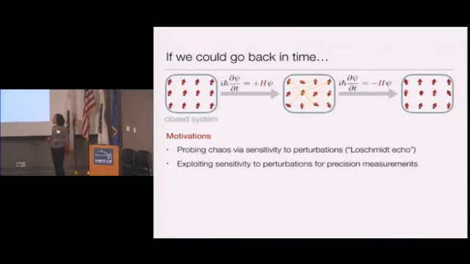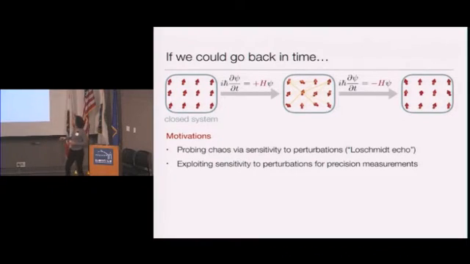So in particular, if I don't quite perfectly go forward and backward in time, but have some small perturbation in between, how close I come to returning to my original state might tell me something about whether the system is, for example, chaotic.